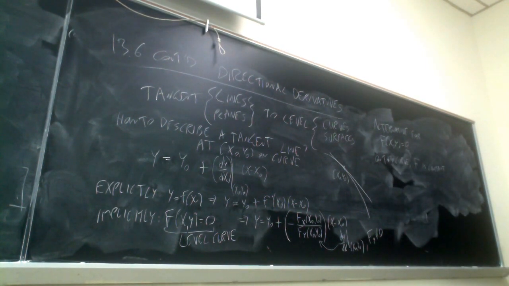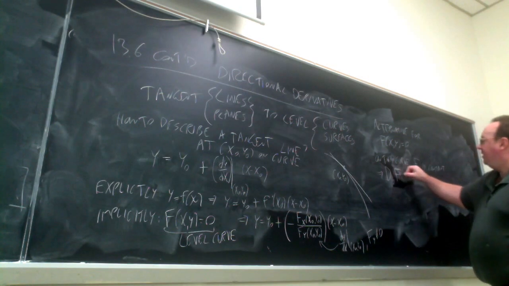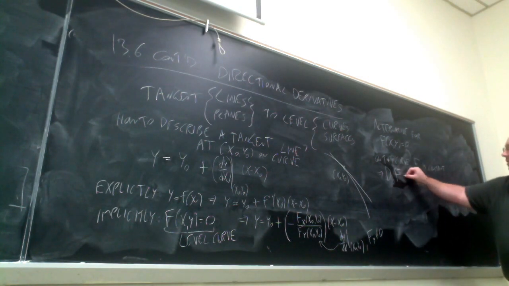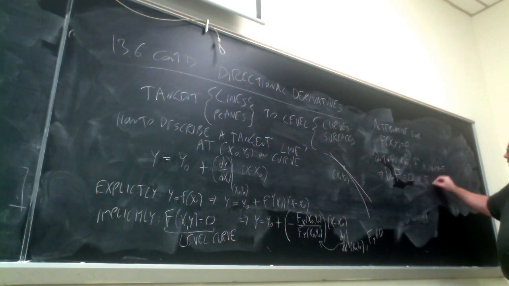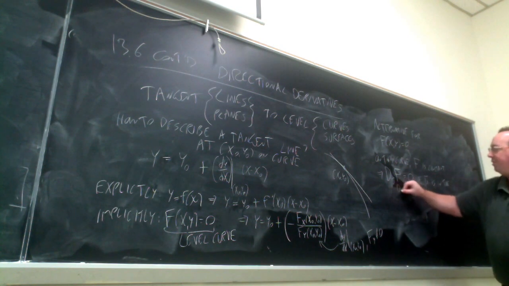It's a constant function. When you have a constant function, its derivative is 0. So the directional derivative of big F is 0 if your direction u is in the direction of the curve.